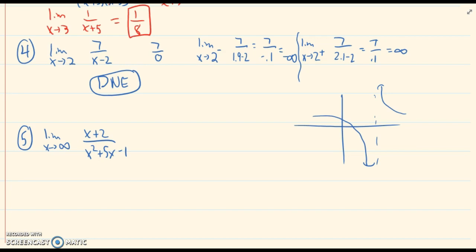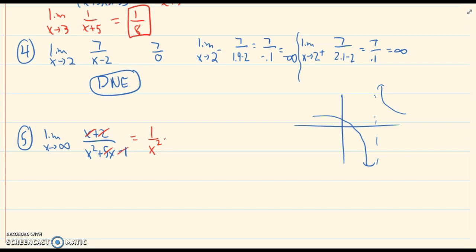What we're looking for when we're finding an infinite limit, and it has to do with a bunch of calculus that you guys aren't ready for yet, so we're going to skip that part. But the idea is that we're only going to look for the highest degree, and everything else goes away. So in the top or the bottom, the highest degree I see is x squared. So this and this all go away, and I'm really trying to evaluate the limit as x approaches infinity of 1 over x squared.